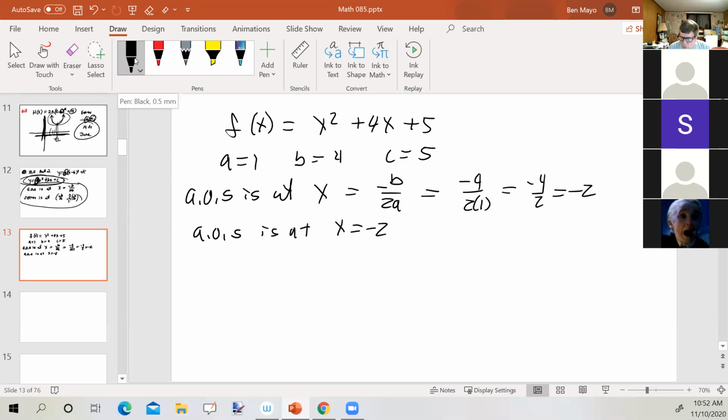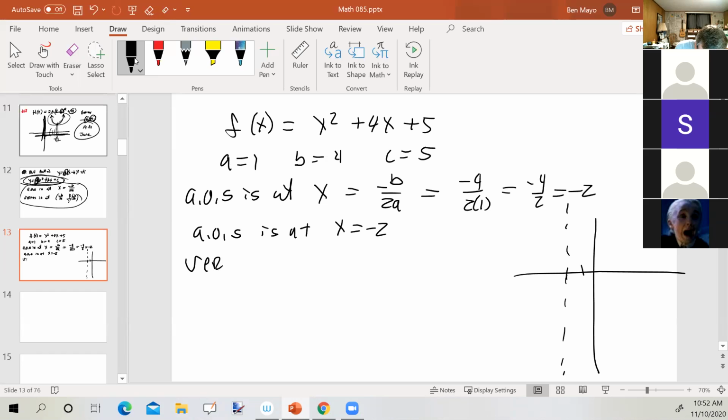Okay, any questions yet about how I found the axis of symmetry? So that means if we were graphing this thing, the axis of symmetry would be over here at x equals negative 2.